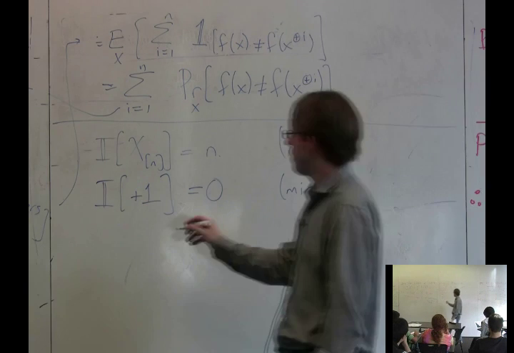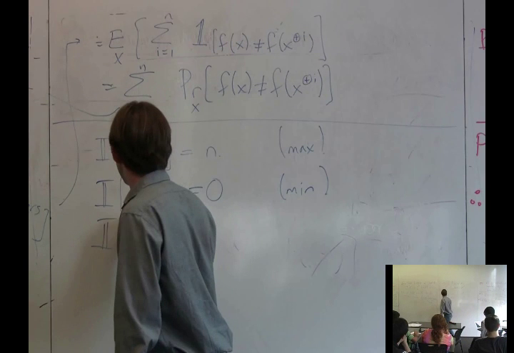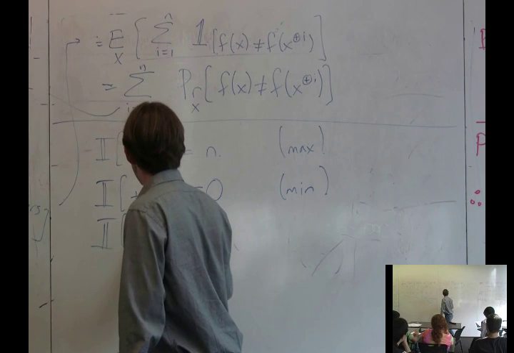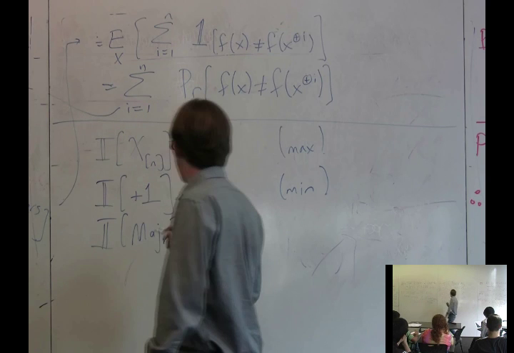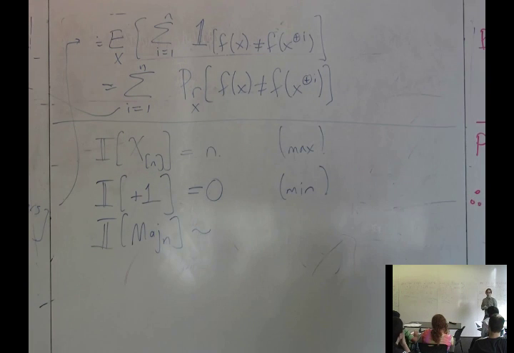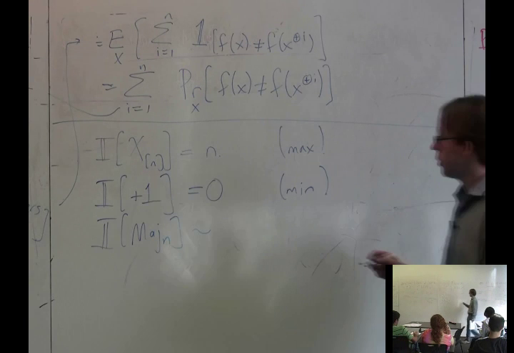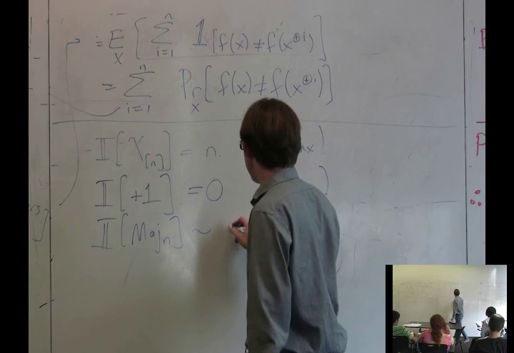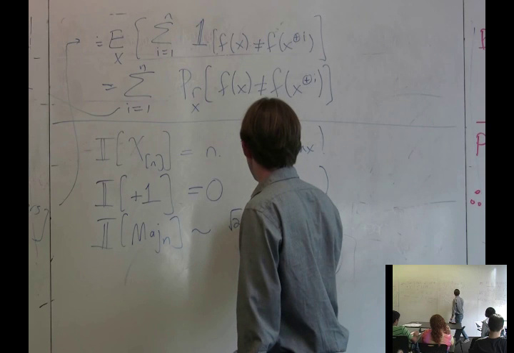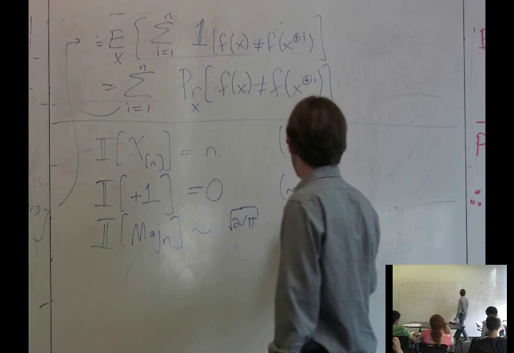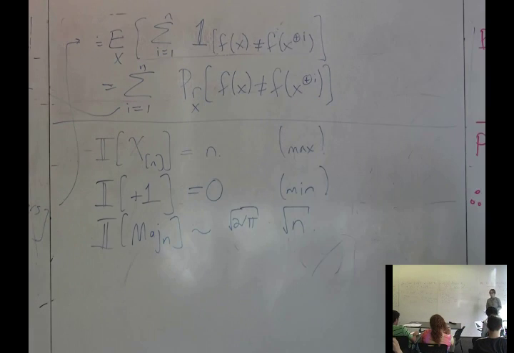And our other favorite function is the majority function on n coordinates. And what is the total influence there? It's proportional to root n, yeah. So it's something like a constant times root n, because every voter has influence something like 1 over root n, so you get n times that.